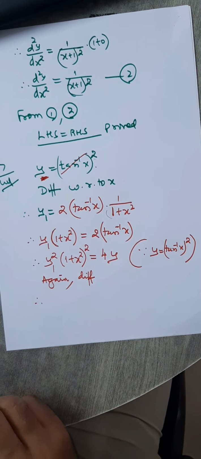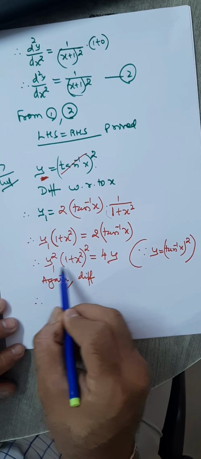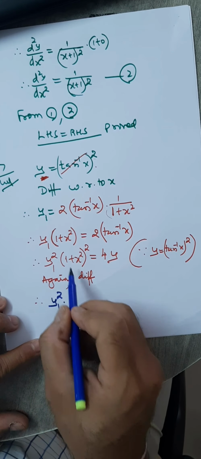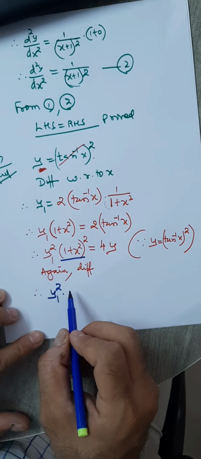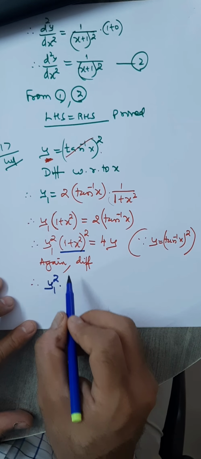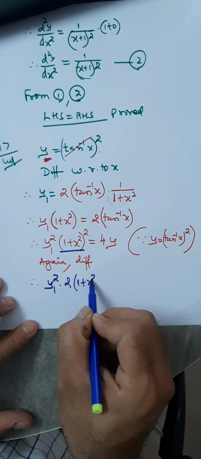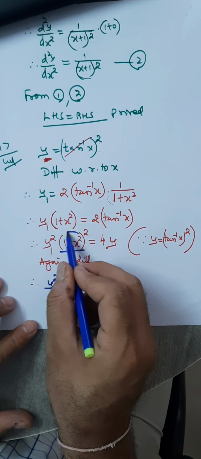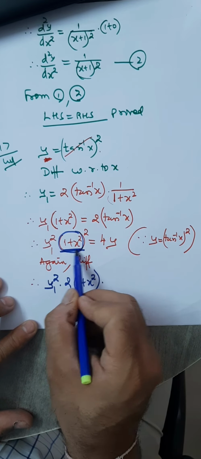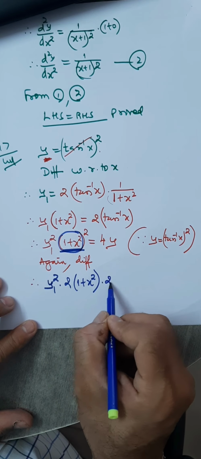So what is the left hand side? It's a product of two functions, remember. One is this, the other one is this. So I'll keep y1 square as it is and differentiate this portion here. There I need to use which rule? Chain rule. So twice (1 plus x squared), imagine the bracket as x squared, 2x, into, by chain rule, derivative of the bracket. Derivative of 1 is 0, derivative of x square is 2x.